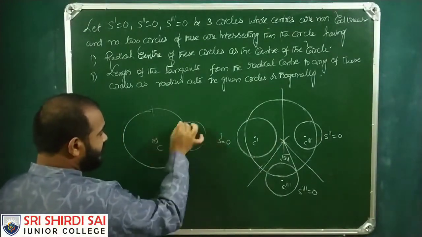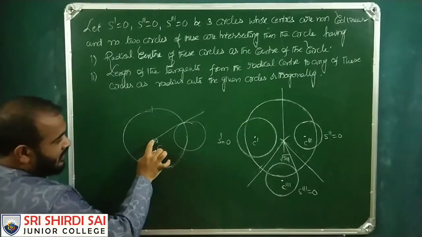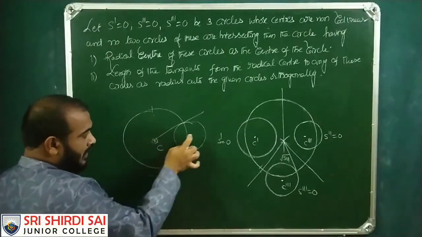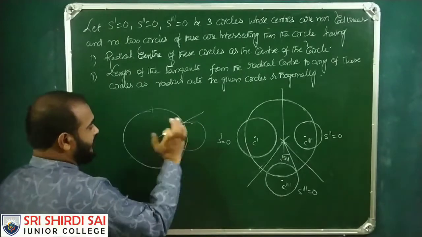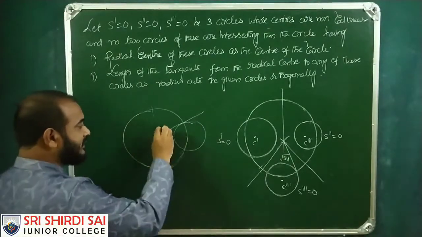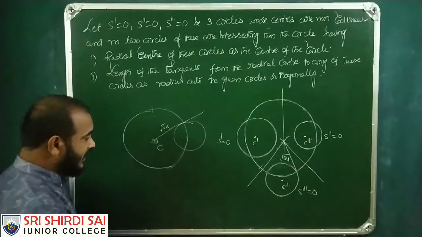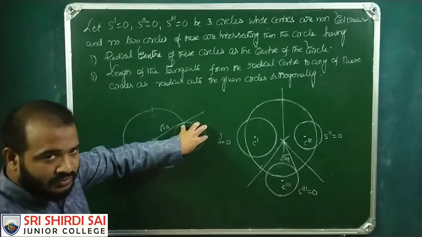So this is the length of the tangent drawn from the center to any of the three circles. Let us take this circle into consideration. So this is root S11. What is root S11? The length of the tangent drawn from the center to S double dash equals 0.